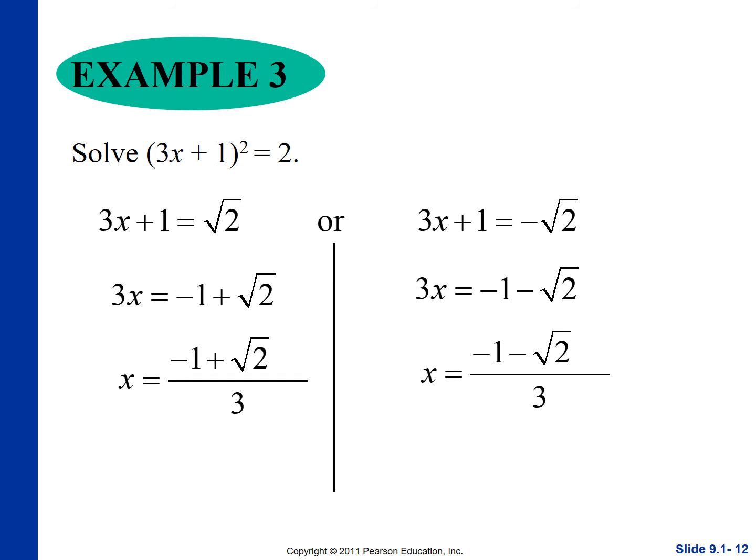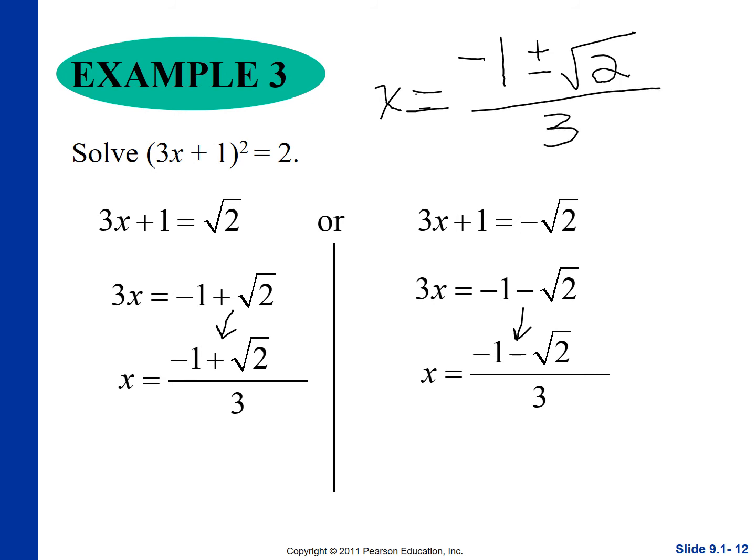Now, some people will do that in this form here, and they would say that x is equal to negative 1 plus or minus, right? Because the only things that are different in these two are those two signs, the square root of 2 over 3.